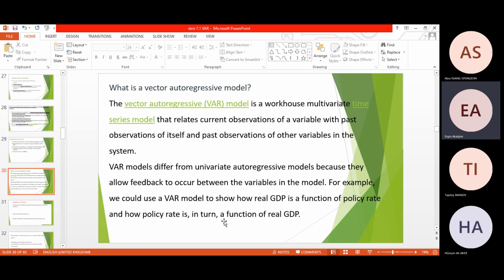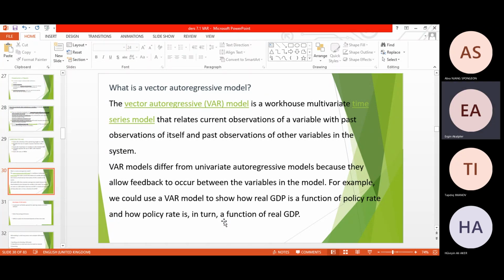What is a vector autoregressive model? The vector autoregressive model is a workhorse multivariate time series model that relates current observations of a variable with past observations of itself and past observations of other variables in the system.